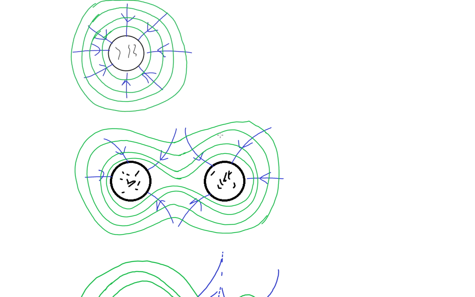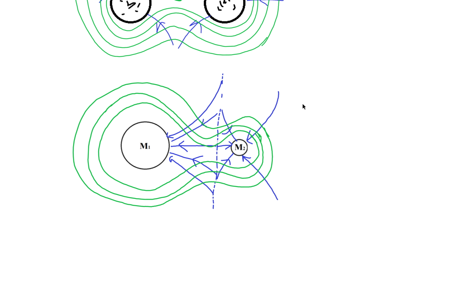If you have two masses, same mass, same density, same radius, it's like you're drawing an infinity sign or a number 8. And if you walk along any of these green lines, the same curve, you have the same gravitational potential. Same thing with this.